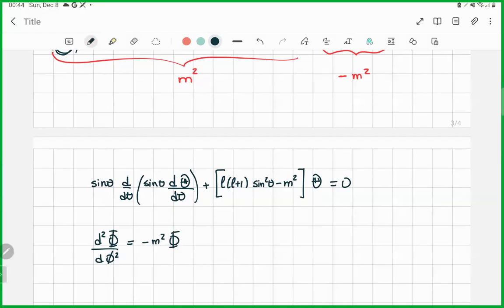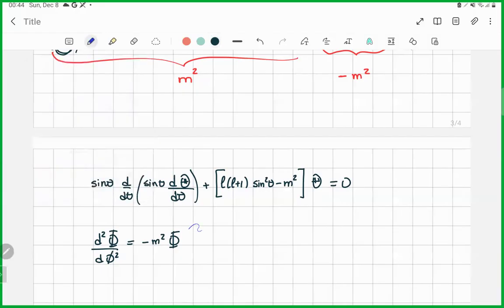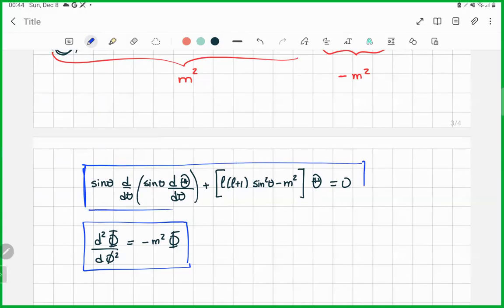Okay, so let's mark all of the equations that we obtained. This is the equation involving only phi. This is the equation involving only theta. Once we solve these two equations, we will see this in more detail, but I'm already going to tell you. This will give us an exponential of phi.